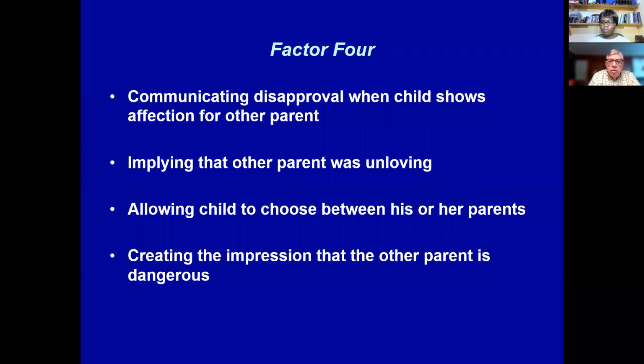Another one that's really common is creating the impression that the other parent is dangerous. In other words, you kind of brainwash the child that the other parent has done dangerous things. And I think Carol just mentioned a case in your country in which I gather that the mother coached the child to say that the father had abused her in some way.